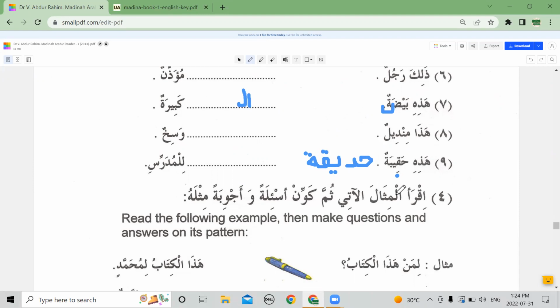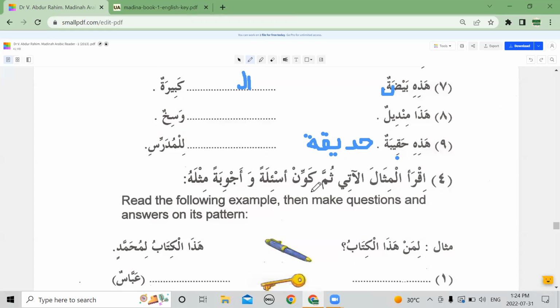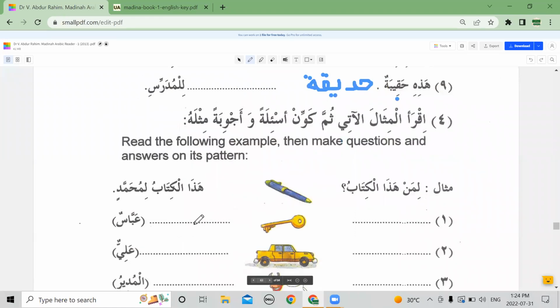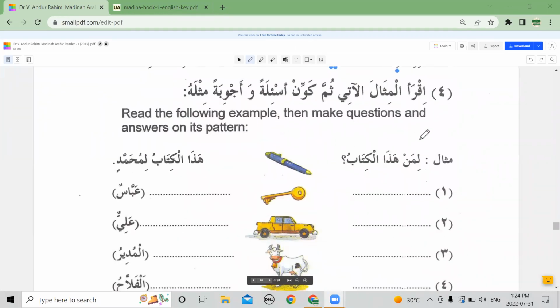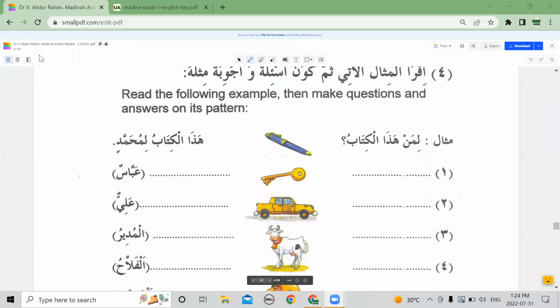All right. So next one we have اقرأ المثال الآتية ثم كون أسئلة وأجوبة مثله. So read the following example, then make questions and answers on its pattern. Zainab, would you like to read? Okay, ma'am. What's the heading?